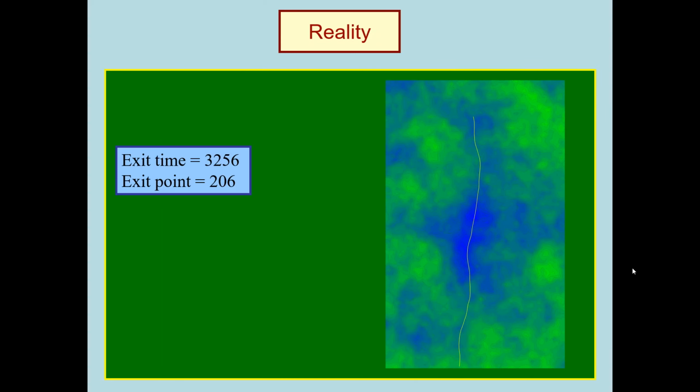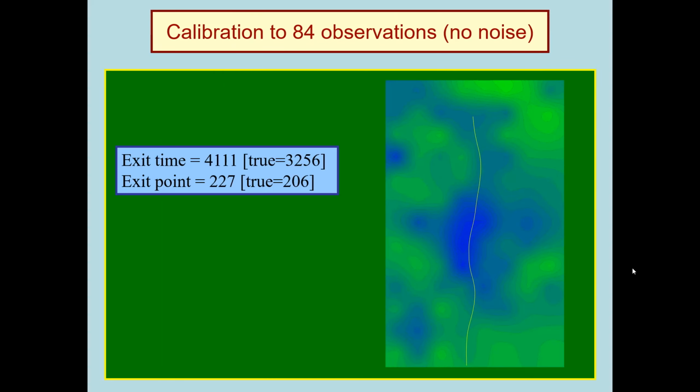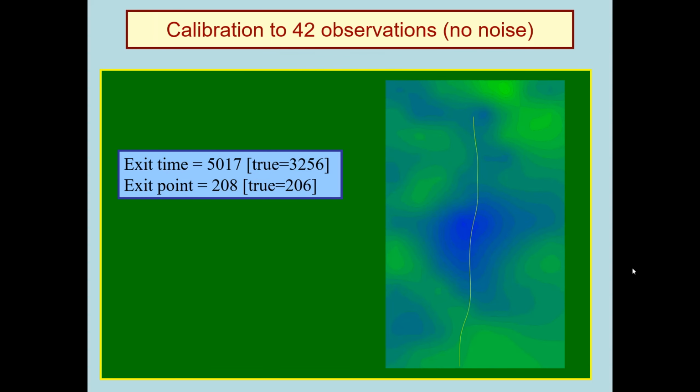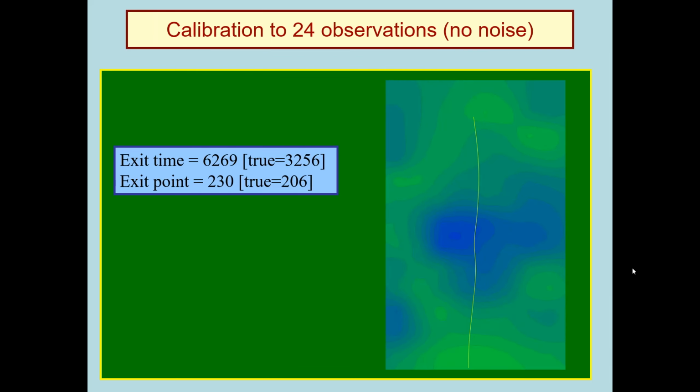There's reality once again. Here is the parameter field that emerges from calibration against 84 heads. We can see that it's a somewhat subdued form of reality that arises through the calibration process. And here is the calibrated parameter field that emerges from an ever-decreasing number of well observations, head observations.